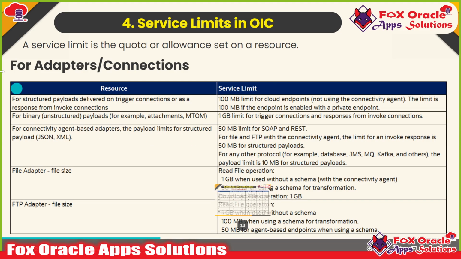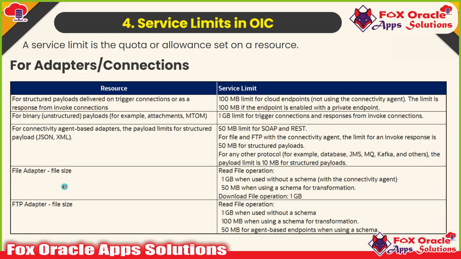We'll learn. Another one is the file adapters. The file adapter is something we use to pick a file from somewhere else, which can be the file server or our local system. Again, it has a limitation of 1 GB: we cannot download a file of more than 1 GB in size. So obviously it allows downloading files below 1 GB.